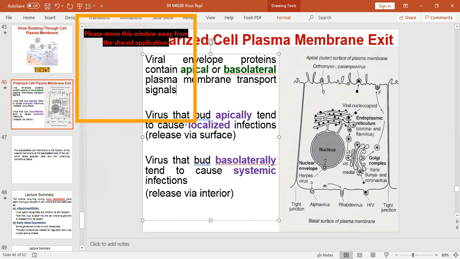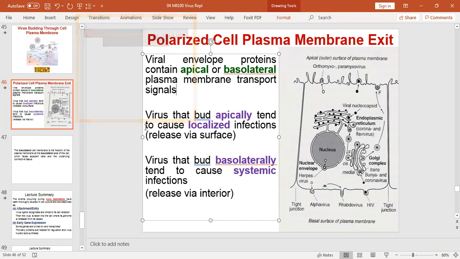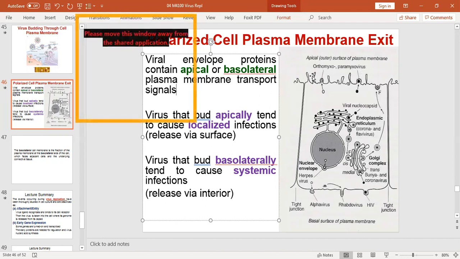Those viruses that exit apically or through the outer surface, such as orthomyxoviridae and paramyxoviridae, usually cause localized infections. These viruses exit the host cell through its apical surface or outer surface.